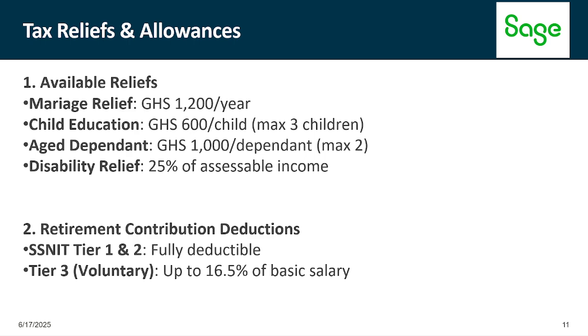If you also have Tier 3, your employer is contributing to Tier 3, or yourself, or both of you are contributing to Tier 3, the amount you are contributing cannot exceed 16.5%. If it exceeds, it's not all tax deductible. It's only 16.5% that is tax deductible. That means if you take your contribution to Tier 1 and Tier 2, maximum 35%, that is the relief you can get. Anything extra will be taxed.